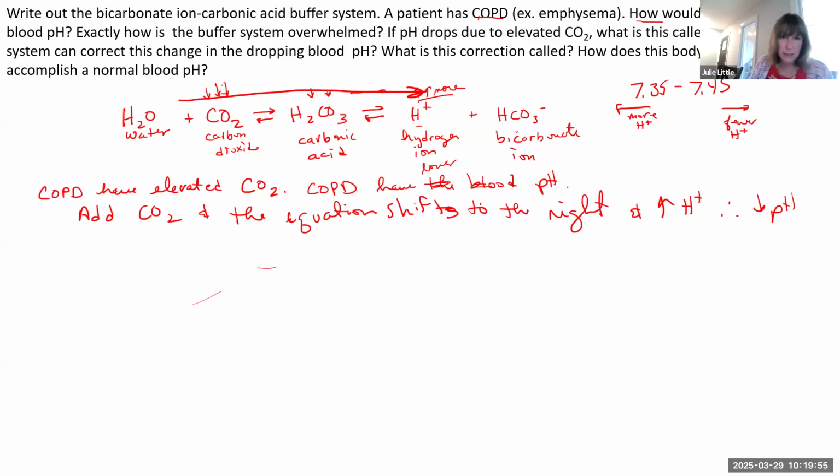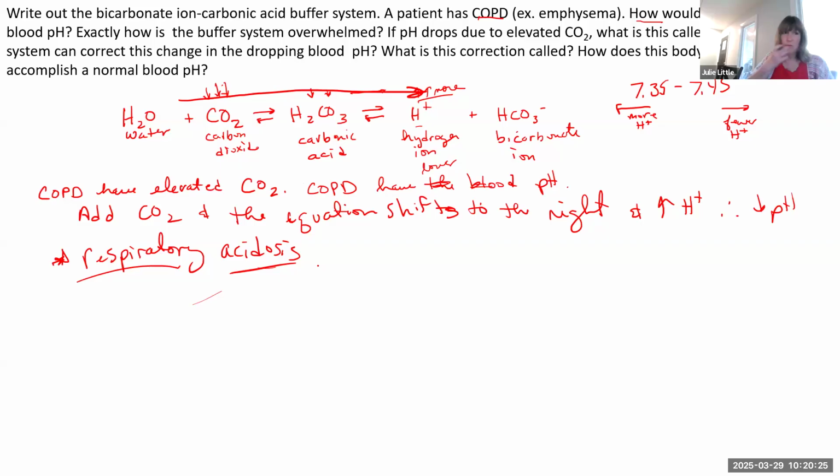If our respiratory system is messed up because we have COPD, it's the problem and it's not coming to the rescue. So in this case, what is this called? If your buffer system is overwhelmed and your blood pH drops because of the respiratory system, this is called respiratory acidosis, because it's caused by the respiratory system.